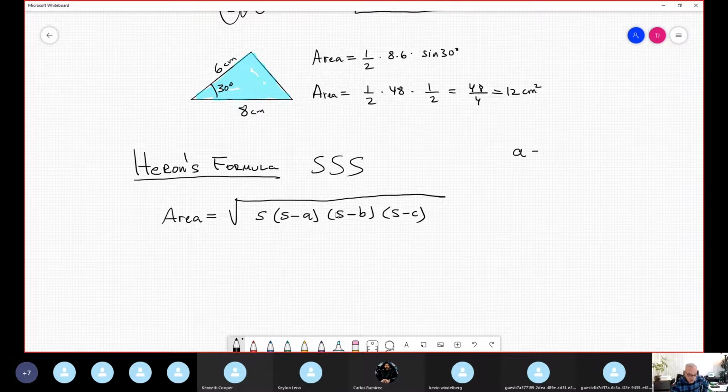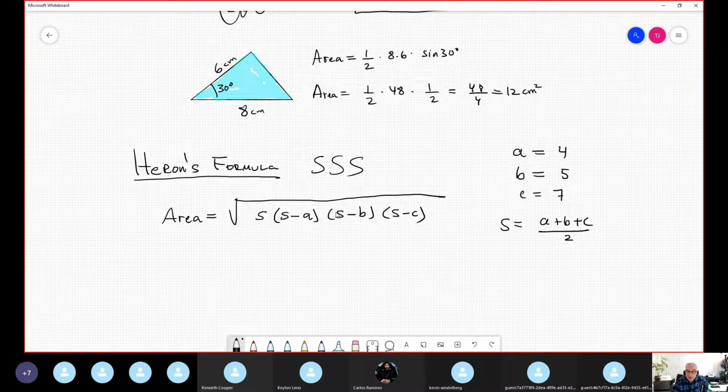For example, a is 4, b is 5, and c is 7. And who is s? Well, s, by definition in the formula, is a plus b plus c, divided by 2. And that's it.